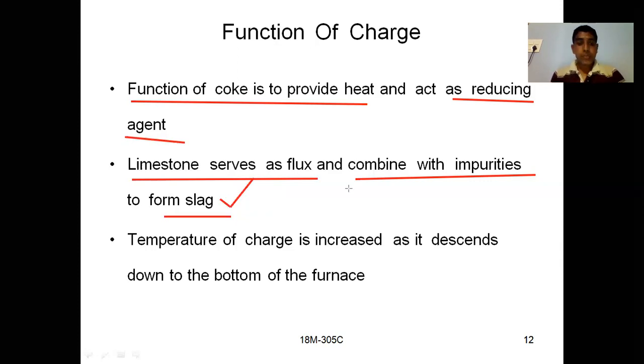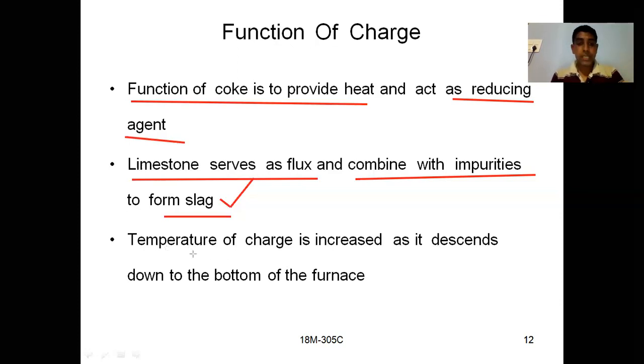Okay, and the temperature of the charge increases as it descends to the bottom of the furnace. I already told you, you have 300 degrees at the throat portion, but 1600 degrees at the hearth portion. That means from top to bottom the temperature is increasing, and from bottom to top it is decreasing.